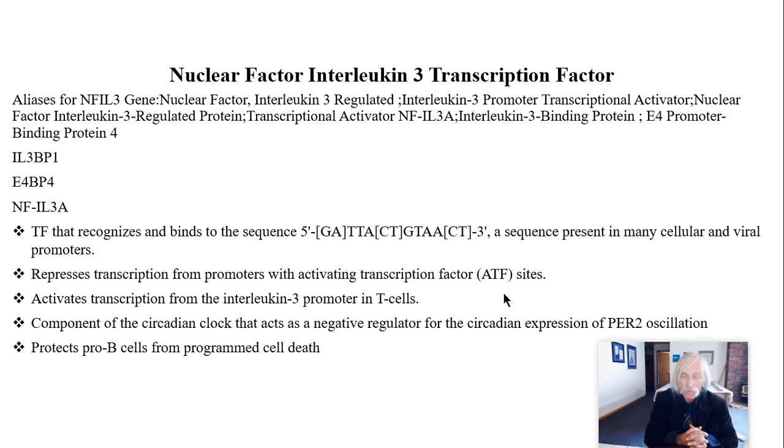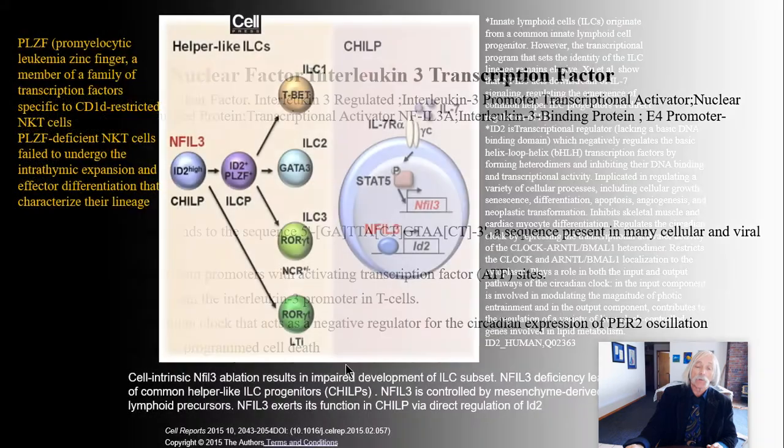Acronyms all over the map here, you just have to follow with them. It also activates transcription from the interleukin 3 promoter, that's why that's in its name. It's a component of the circadian clock, as I said, where it actually controls the expression of the PER2 oscillation domains, if you know anything about circadian clocks. It also protects pro-B cells from programmed cell death. That is a specific form of PCD, apoptosis.